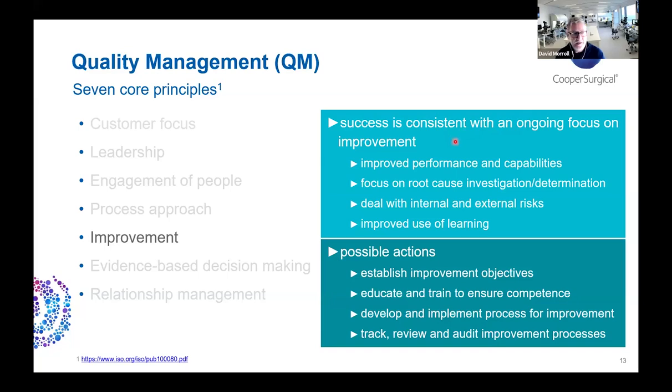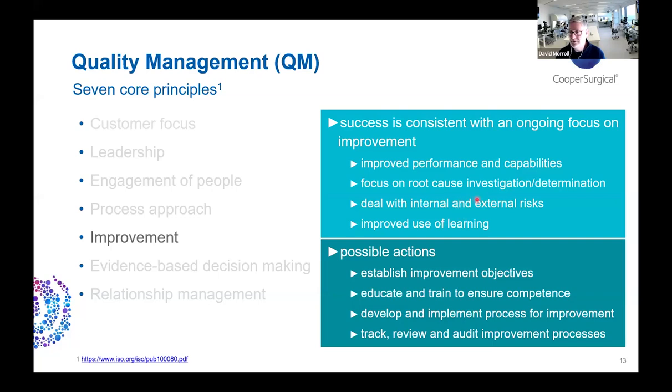In other words, we constantly need to review and audit what we're doing to see where we can make improvements rather than staying still. If we stand still and don't look into it, that isn't going to lead to a successful laboratory. Now, that focus on improvement can improve performance. It can also improve capabilities. In other words, we improve by acquiring more skills, becoming more proficient.